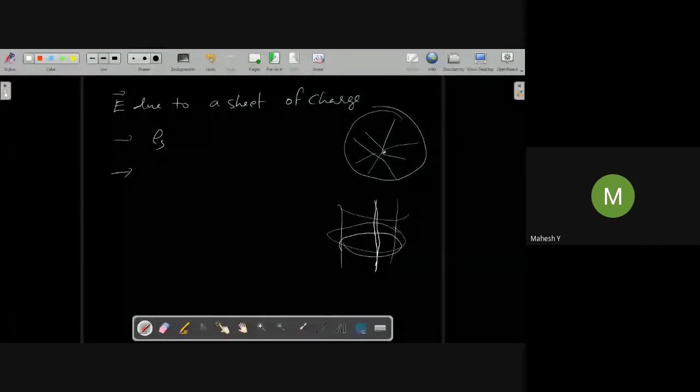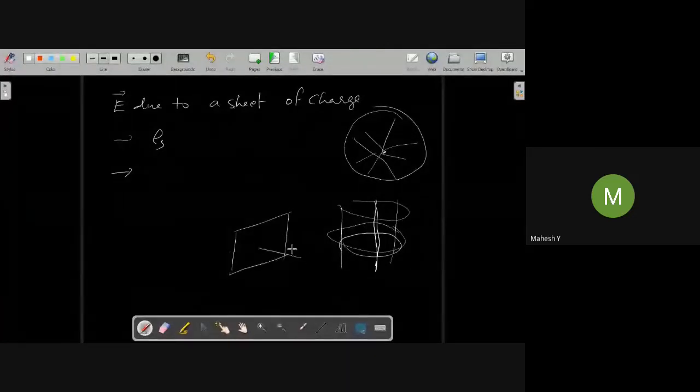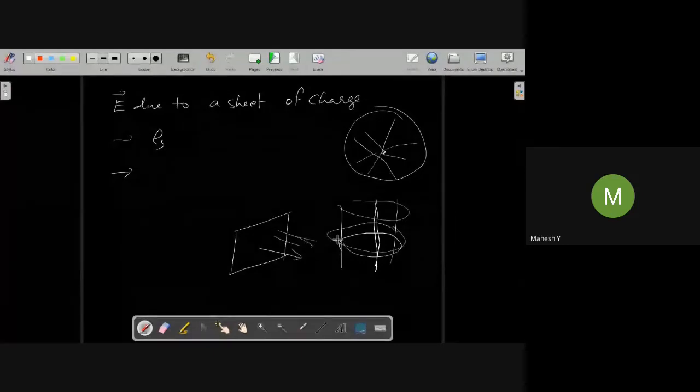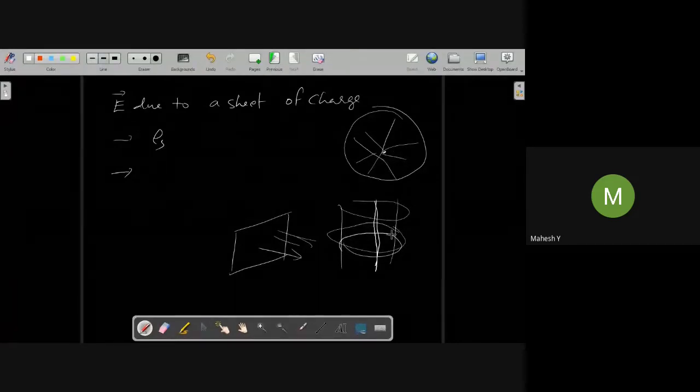That is why we go for cylindrical coordinate system. Now, for a sheet of charge like this, if you consider equidistant points, what shape will you get, and which coordinate system is better? For point, spherical; for lines, cylindrical.